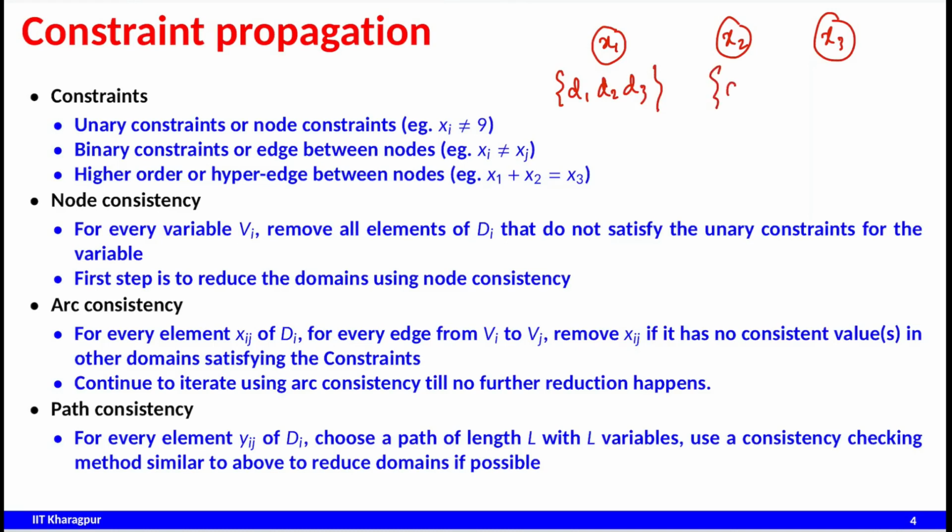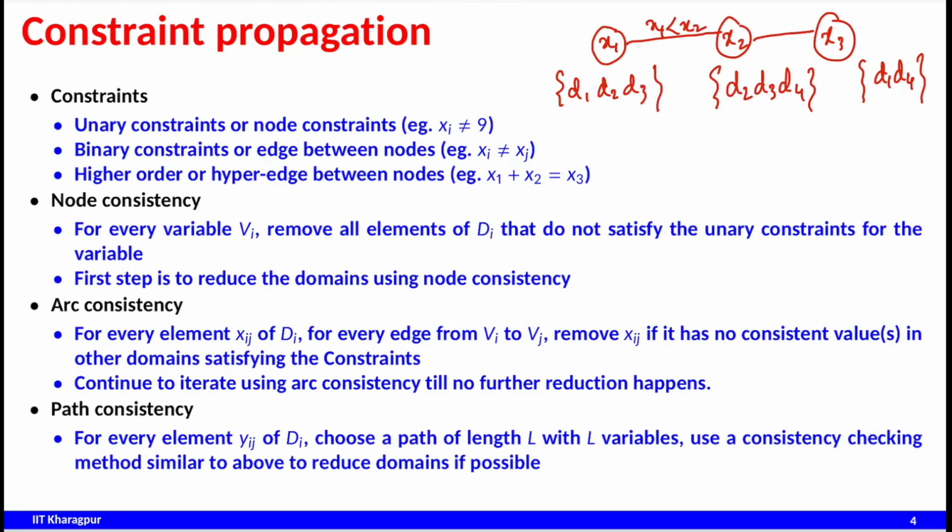Maybe x2 can take values d2, d3, d4. Let's say x3 takes d1, d4 for some domain that is assigned. And there can be some kind of connectivity, meaning these two values cannot be the same, or something like x1 less than x2, or some other constraint that I can specify.